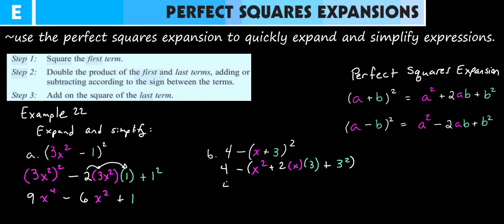So we're going to have 4 minus, all right, x squared. Oh, what did I just get done saying? Got to use that color right. Okay, so x squared, plus 2 times 3, which is 6, plus 6x plus 9, and then we're going to close off that parentheses.